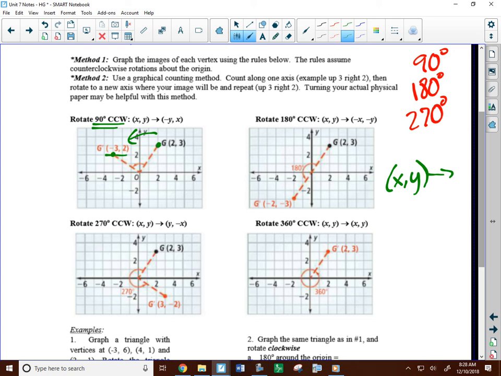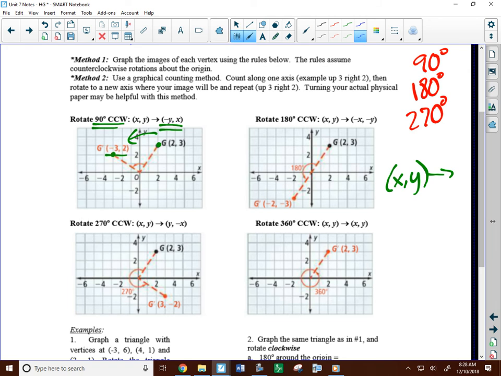So they interchanged, and the new x coordinate is negative. And it says y because they interchanged it, but that is really the x coordinate is now negative. So there's the rule, negative y, x. By the way, there's going to be 3 new rules, formulas. If you like this, that's fine. You have to memorize it, though. I actually think the graphical counting method is way better on this one.